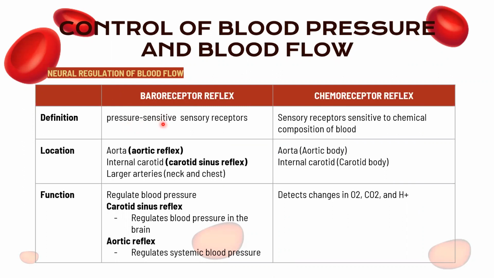The baroreceptor reflex is pressure sensitive, while your chemoreceptor reflex is a sensory receptor sensitive to the chemical composition of the blood. Baroreceptors sense the stretch. Chemoreceptors sense changes in your oxygen, carbon dioxide, and hydrogen ions.